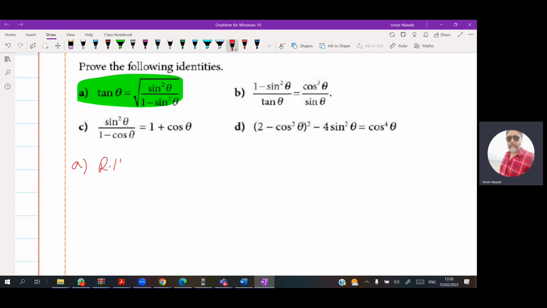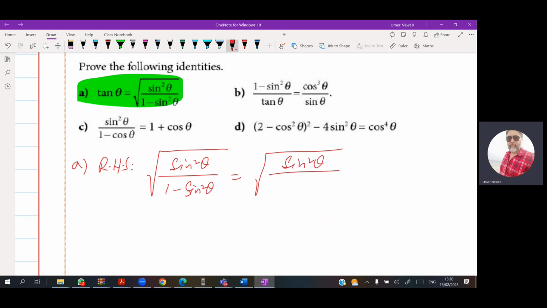So I'm going to take my right-hand side, which is the square root of 1 minus sine squared theta. This is the smart approach which you should apply when you are doing trigonometry questions. By the Pythagorean identity, 1 minus sine squared is equal to cosine squared theta.